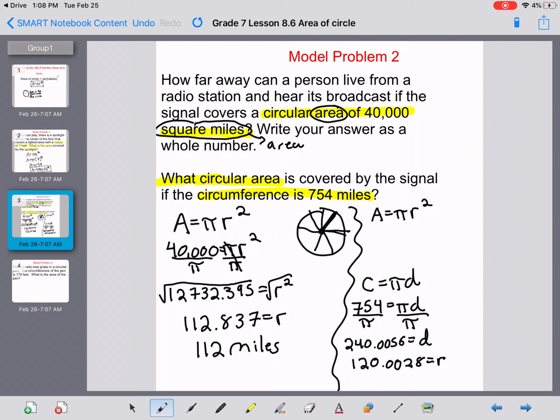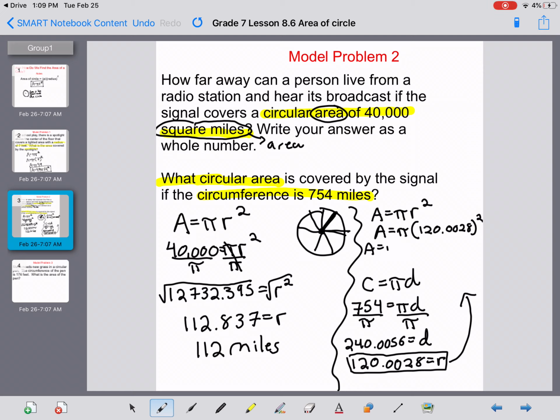Now, I'm going to use this radius that I just found, and I'm going to substitute that in to find my area. So my area equals pi times 120.0028 squared. I'm still keeping that number in my calculator, and I squared it.